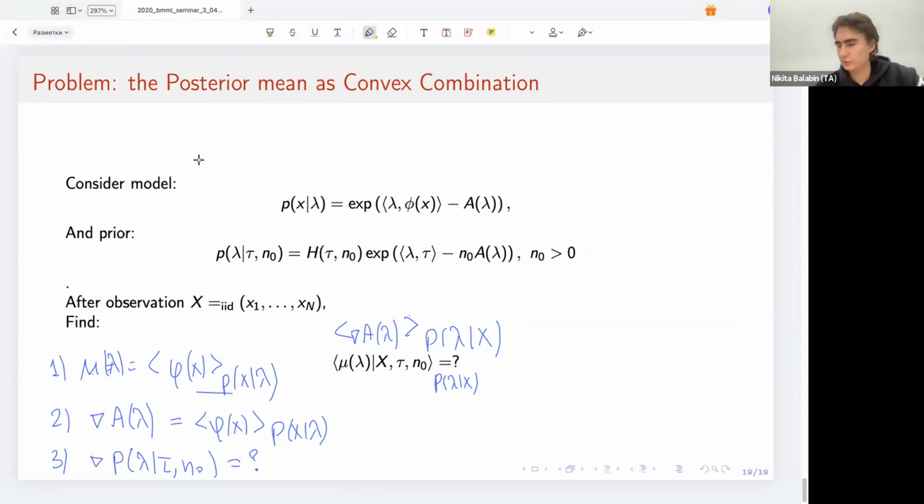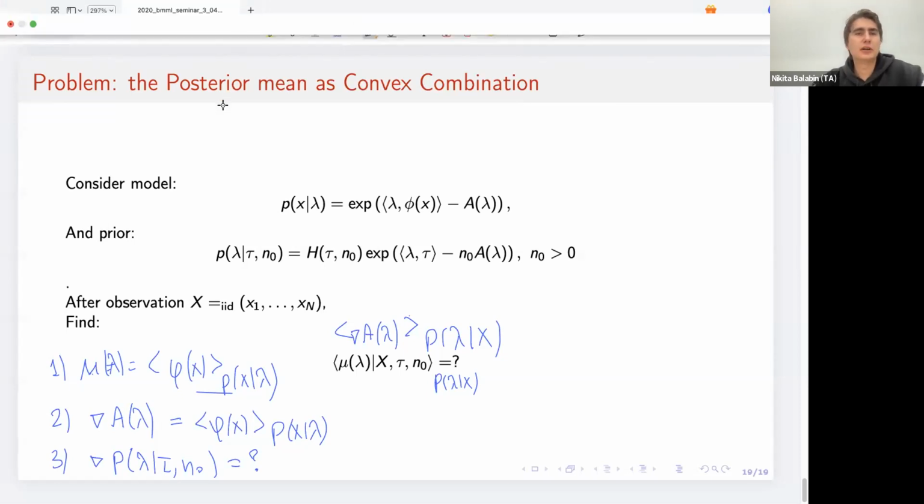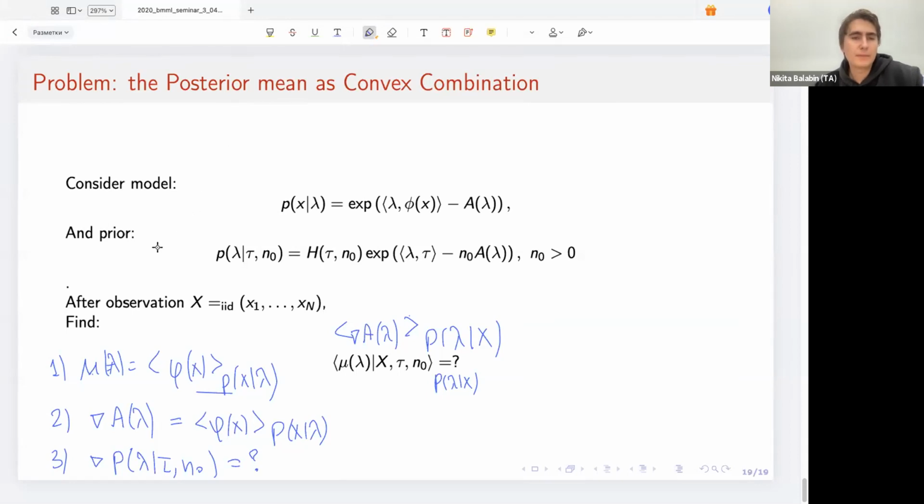Okay, I think we can discuss the solution. There is no solution in the slides format, so I will write it here and share the slides with notes after the seminar. The main idea is to use this first and second steps. And what about the third? We can calculate the gradient of the prior distribution.